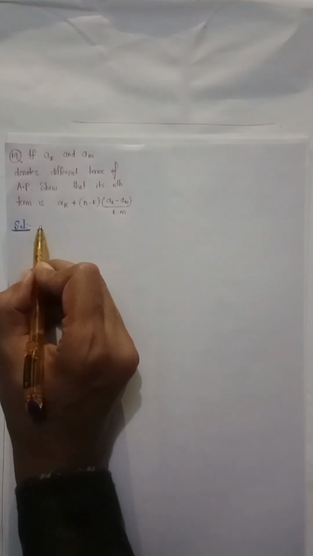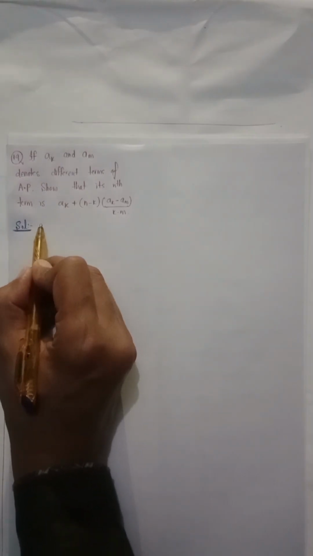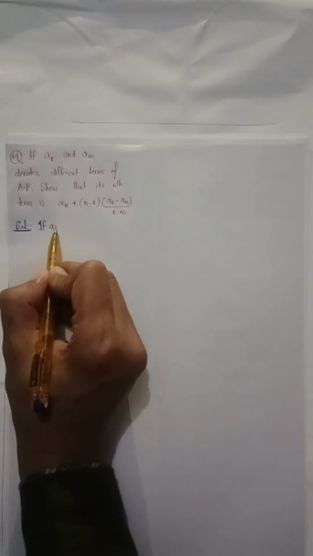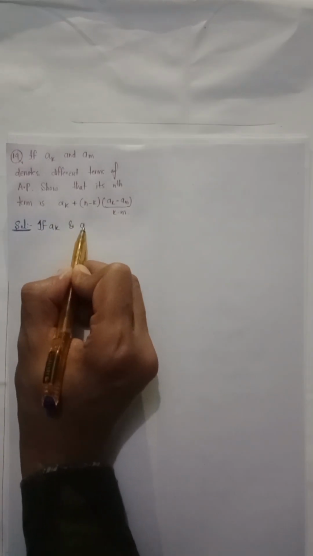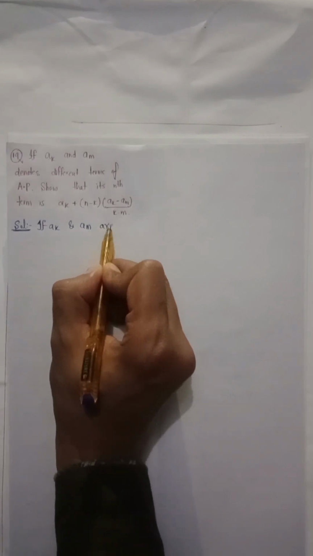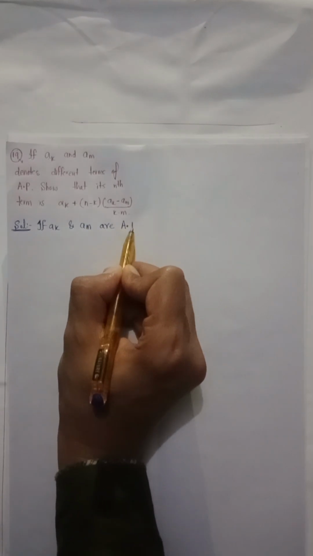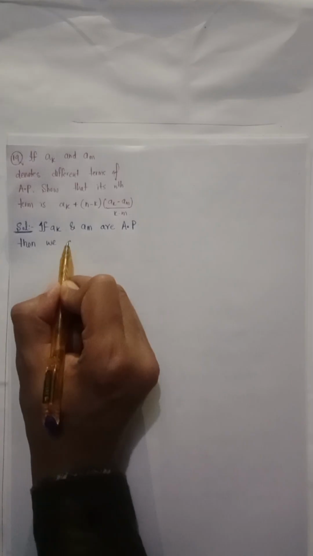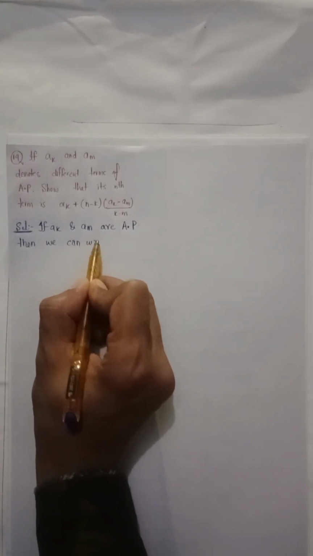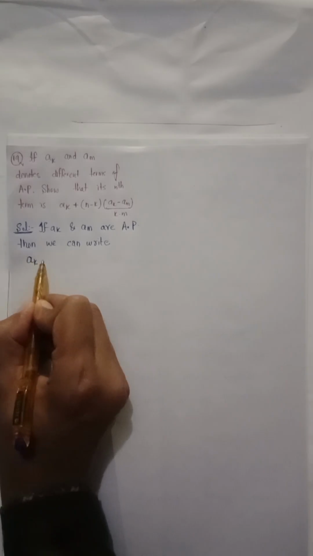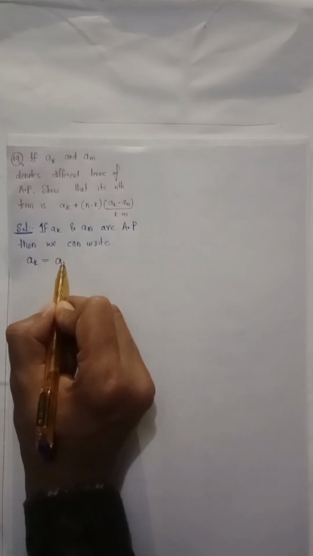So now we have to solve this. ak and am are in arithmetic progression. Then we can write ak equals a1 plus (k minus 1) into d.